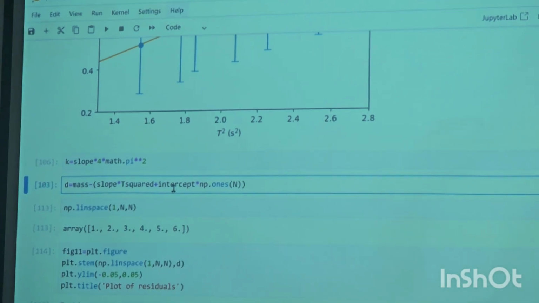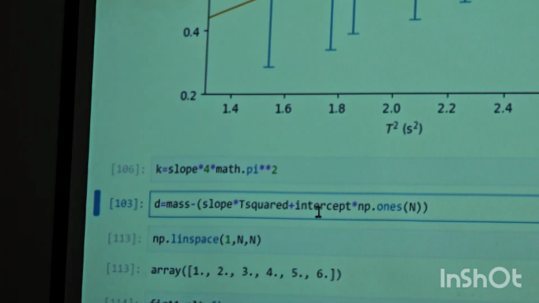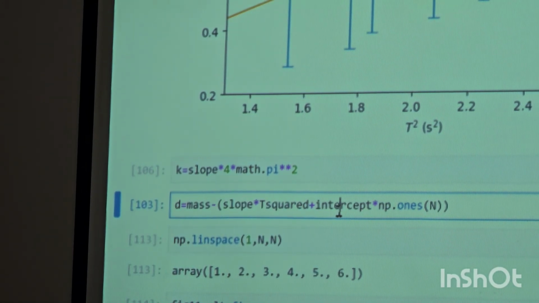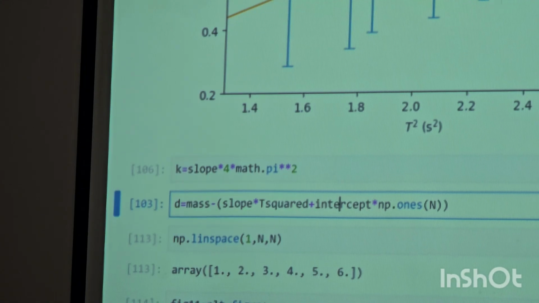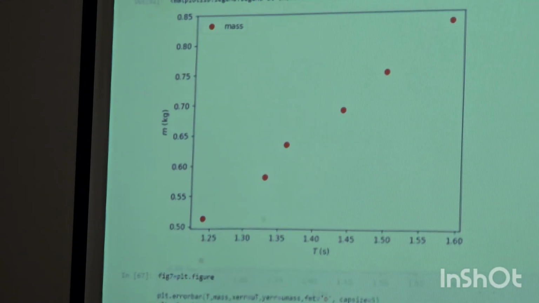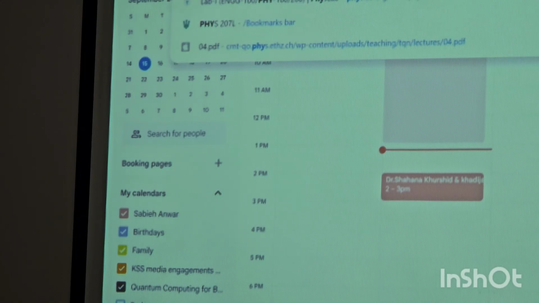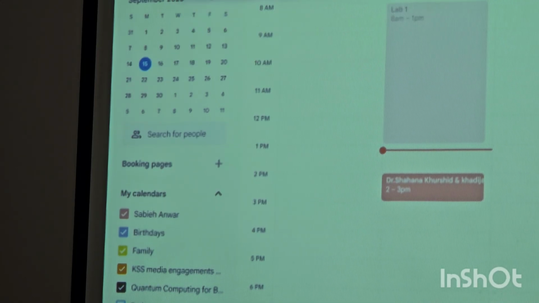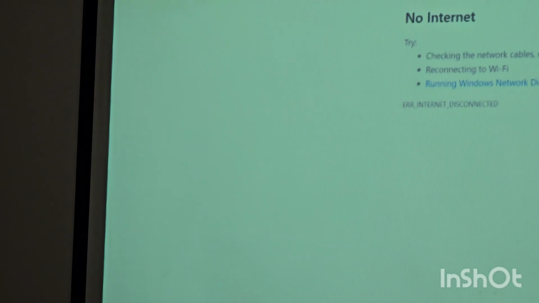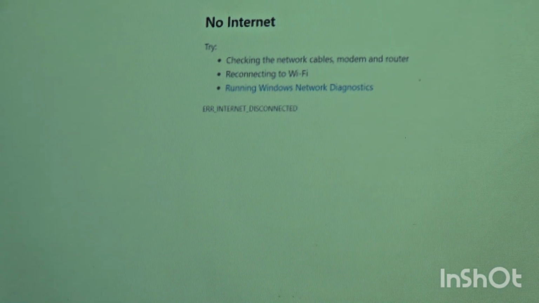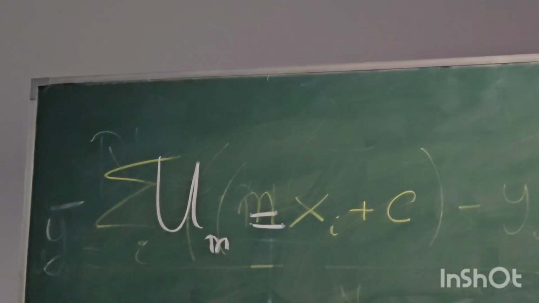Now if I want to find the uncertainty in the slope, there is a formula for that. And where is that formula coming from? Let me show you. It's on our website.